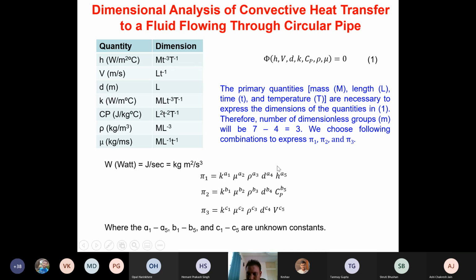There are choices. Out of 7, 3 I have to vary in this equation. I have selected h, Cp and v arbitrarily to be varied across these 3 equations. This word arbitrary is very important here. It's not necessary that I should use only h here, Cp here and v as the variables varying across these 3 equations.